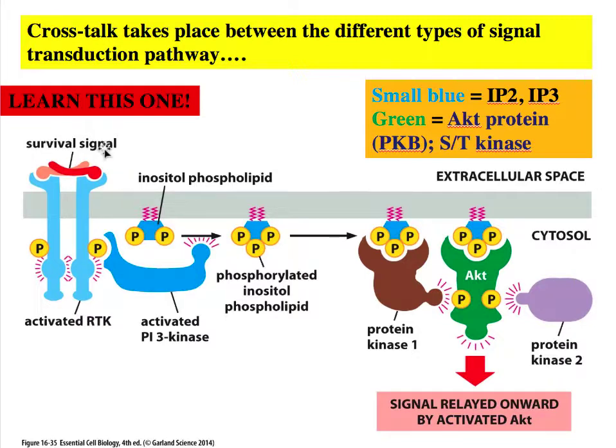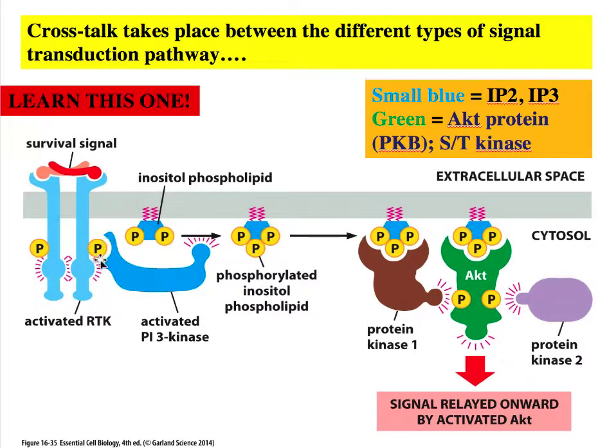So in this example here, we have a survival signal, which is the primary messenger. It binds to its receptors. It turns on those receptors by cross-phosphorylation, which get phosphorylated.